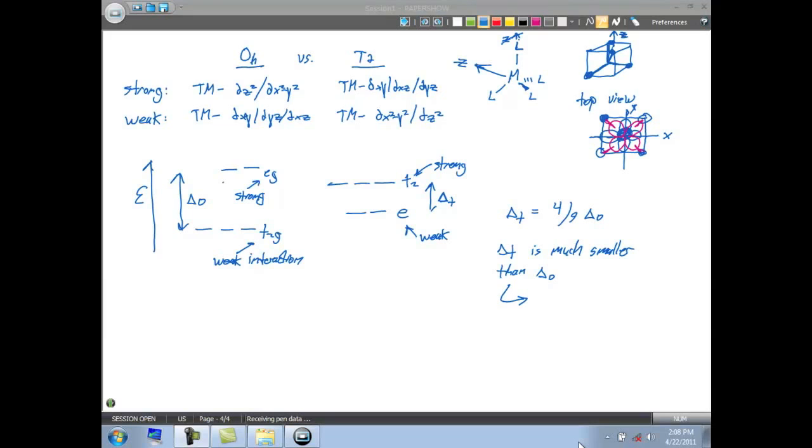So if delta T is much smaller than delta O, we can say that all tetrahedral complexes are high spin. So when we're looking at the magnetism, you're going to have high spin for all your tetrahedral complexes.